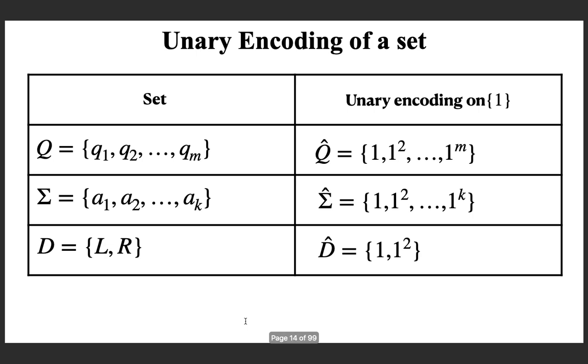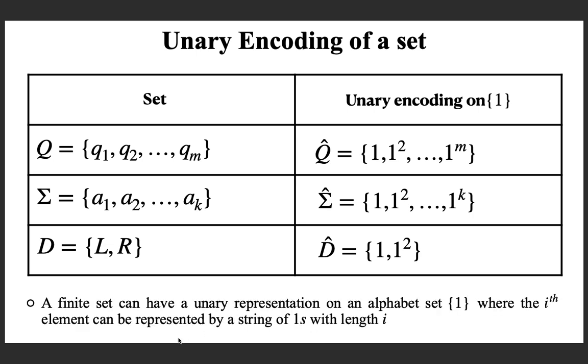Okay? So a finite set can have a unary representation on an alphabet set 1, where the ith element can be represented by a string of ones with length i. The ith alphabet is 1 raised to i, or a string of ones of length i.